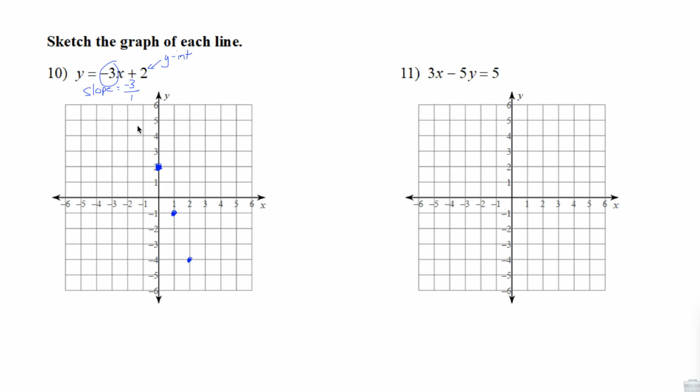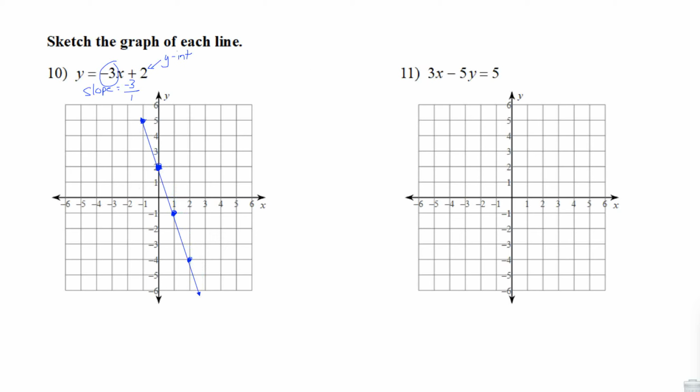Or we could put the negative in the denominator and think up 3 and left 1. And then we can graph a line. So it looks like that would be a good line.